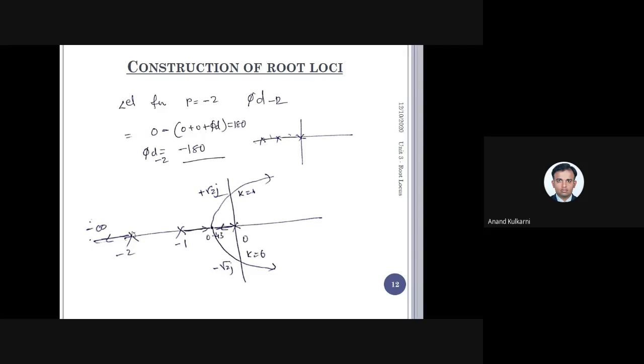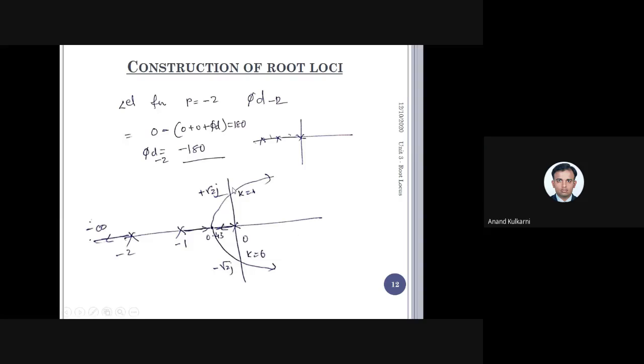The asymptote is parallel to this line. Whereas the 60-degree line is going parallel to this curve, and the 300-degree line is going parallel to this curve. So one curve goes parallel to 300, one curve goes parallel to 60, up to where it will cut the imaginary axis.